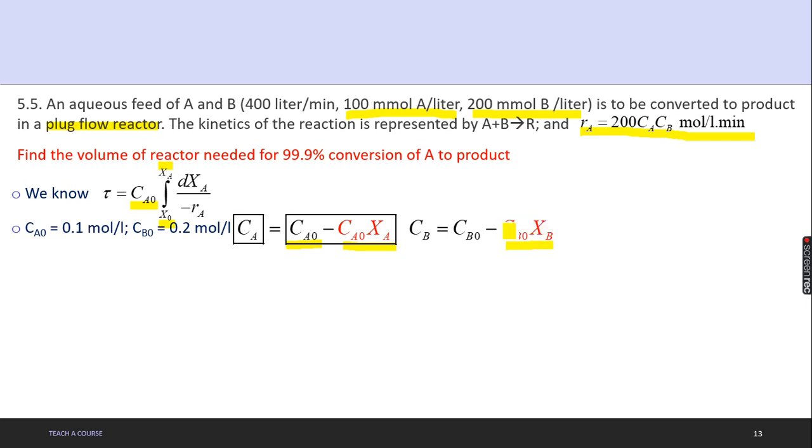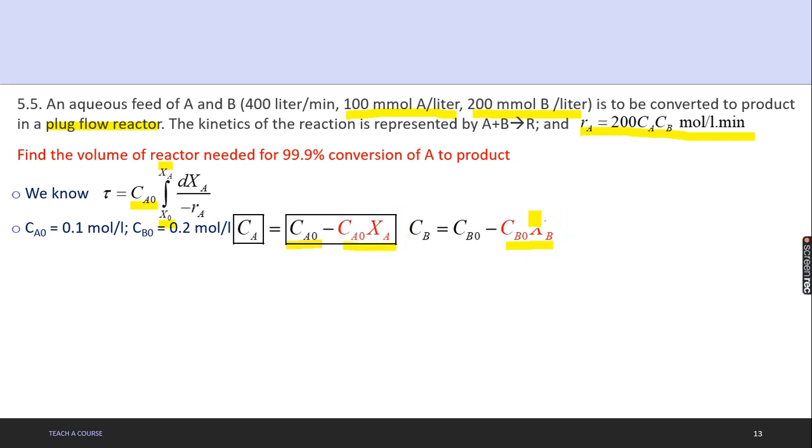Now, because we already know A plus B is producing R, in mole per liter terms, if your volume is constant, this also represents the amount.